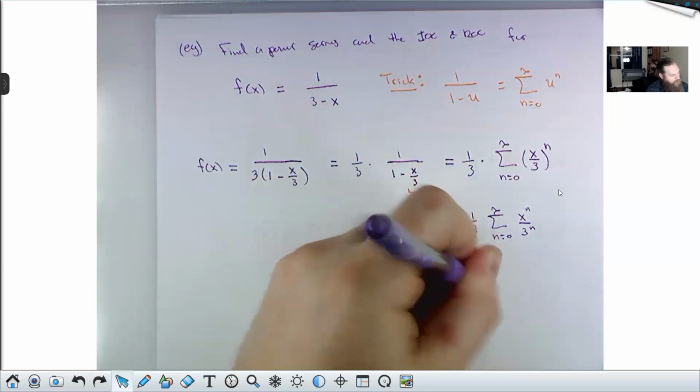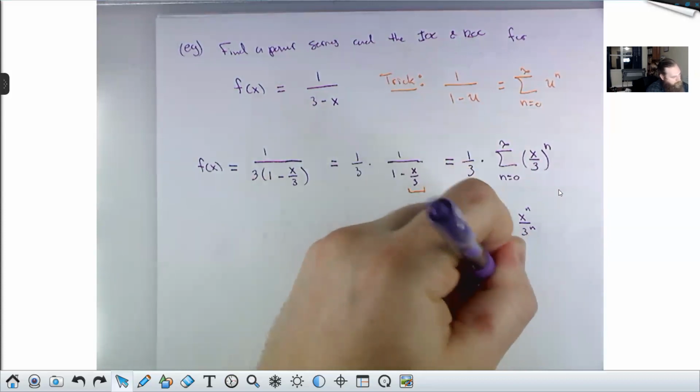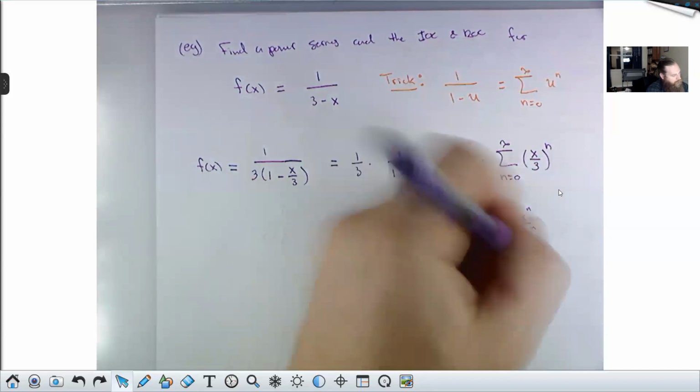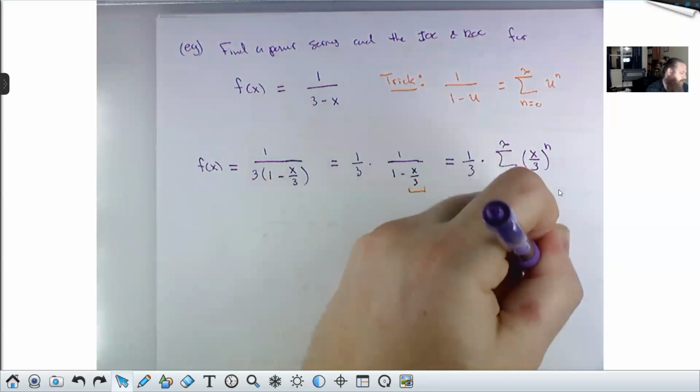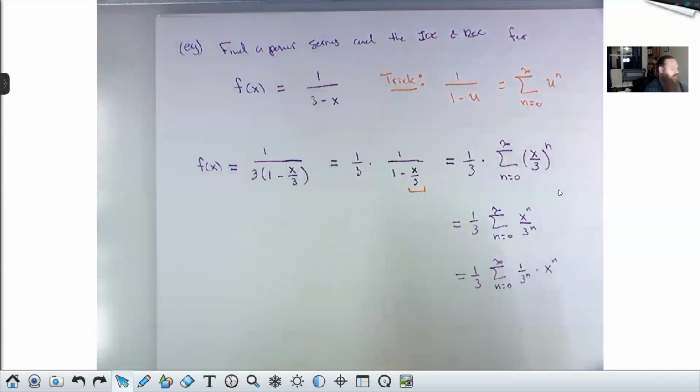Which is 1/3 times sigma n from 0 to infinity 1 over 3 to the n times x to the n. So at this stage, you can see your center. Your center is 0 because x to the n is just x minus 0 to the n.